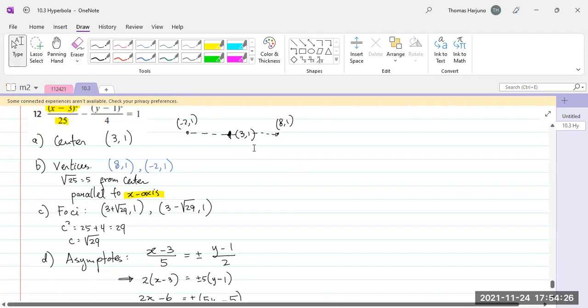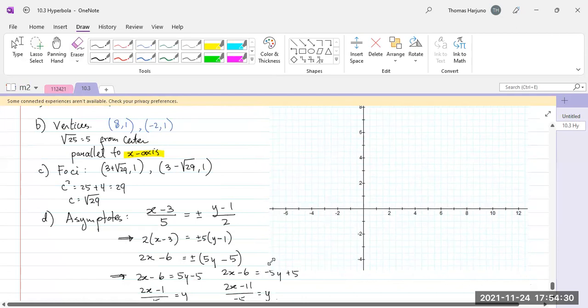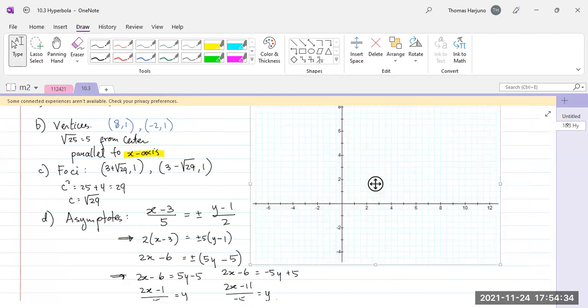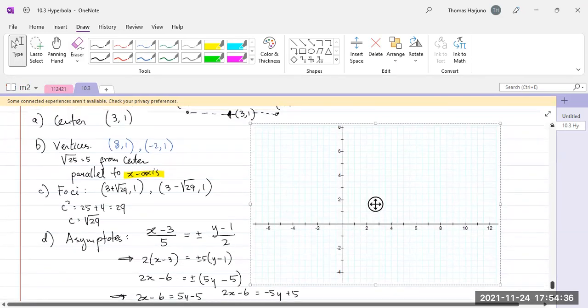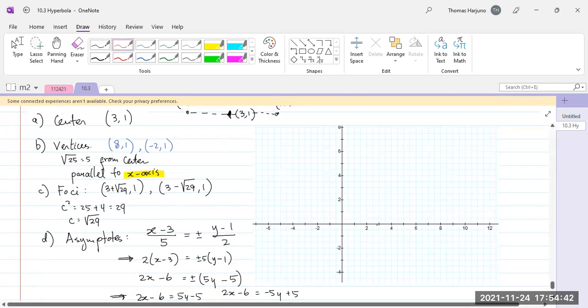Use this one instead. Okay, so the center is 3,1. It's here. The vertices are 8,1 and negative 2,1.